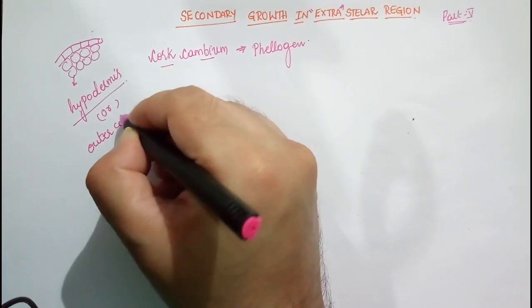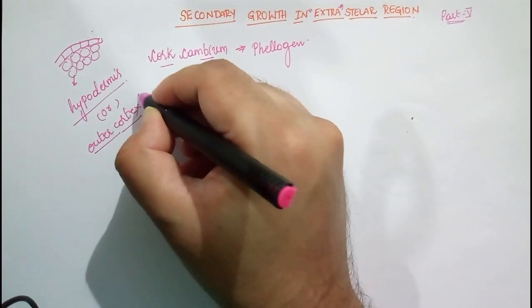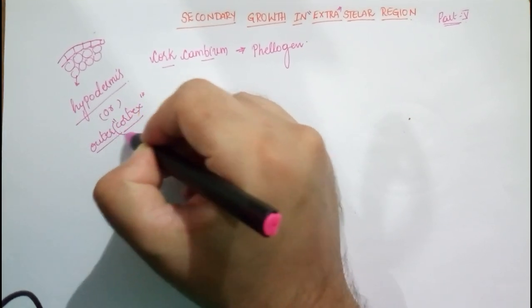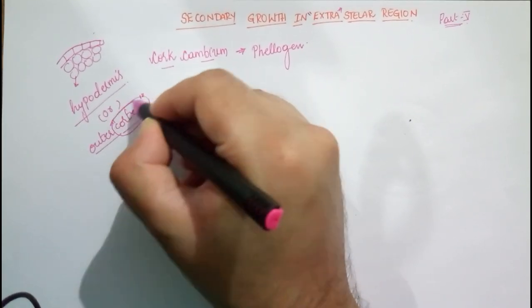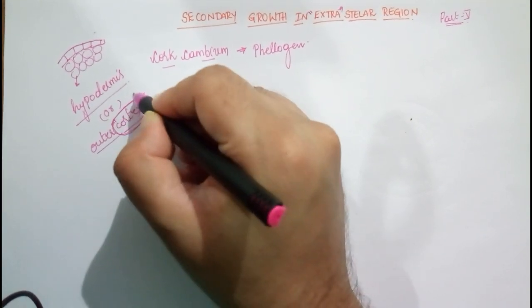So remember these two things. Some books write it as cork cambium arising from the cortex only. If you see some good anatomy books, they write that the cork cambium is arising from the cortex.